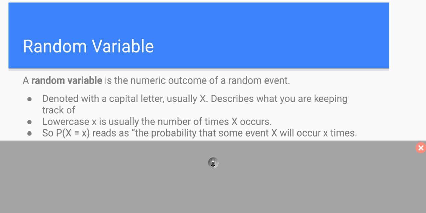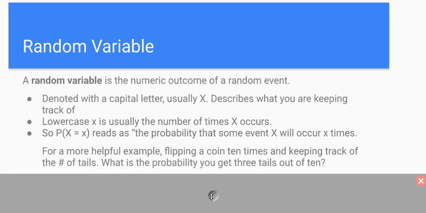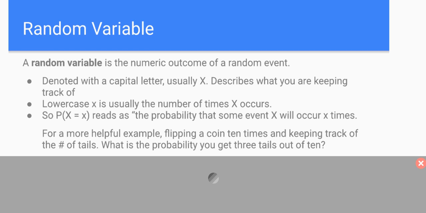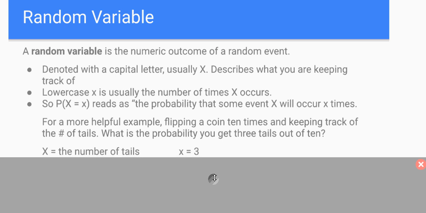But if you look at it with a real world example, let's say we flip a coin 10 times and keep track of the number of tails. What's the probability that you get 3 tails out of 10? In this case, the capital X represents what we're keeping track of, which is the number of tails.